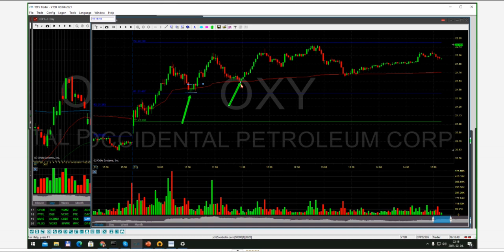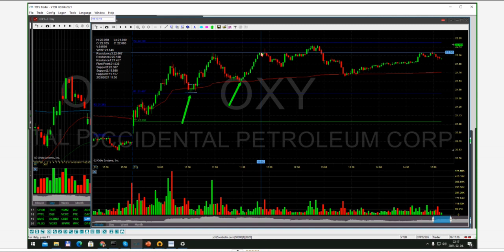So this was the hammer, and if you are a little bit of an advanced trader, you could go in already over this next green candle's high. But if you are still a starter and you are afraid, you could go in over this 21.75 even. As you can see, it still had a really good risk-reward ratio till the top.